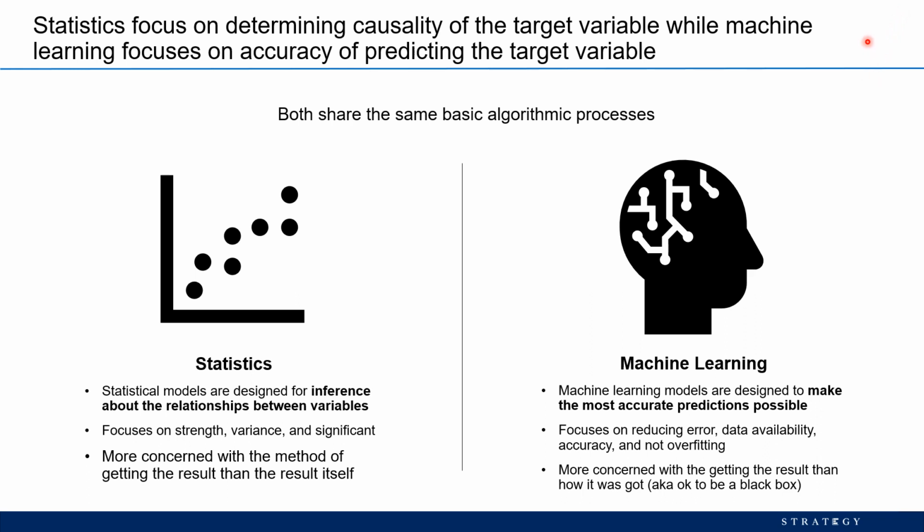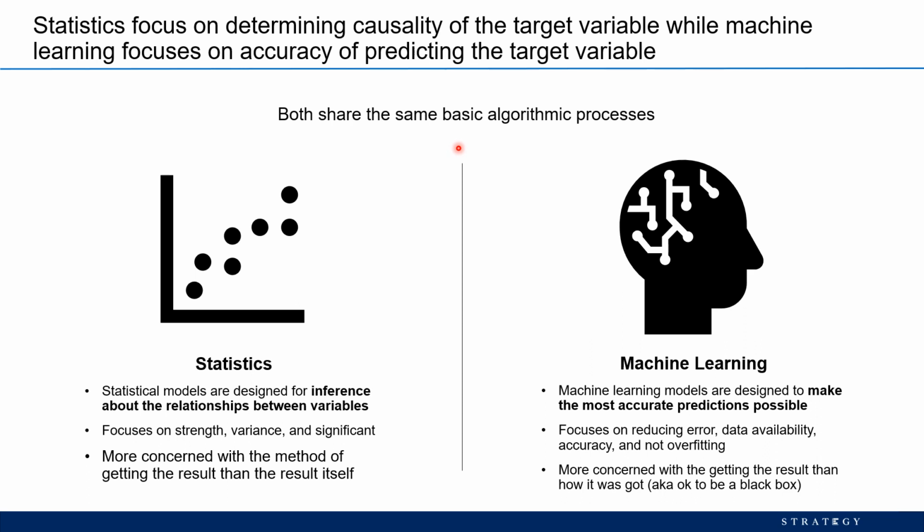Lastly, the last part of data engineering: when extracting insights from data, it's important to understand what type of insights you are looking to extract. There are two main types of insights, or methods of getting insights. You can take a statistical approach or a machine learning approach.